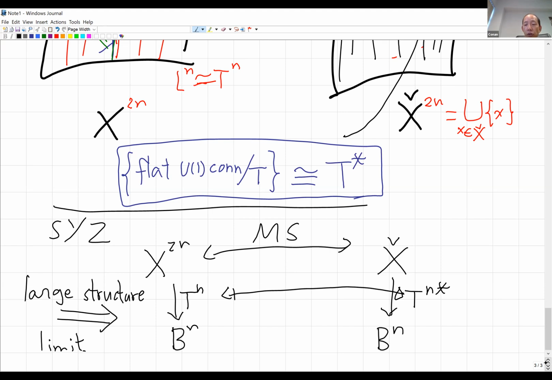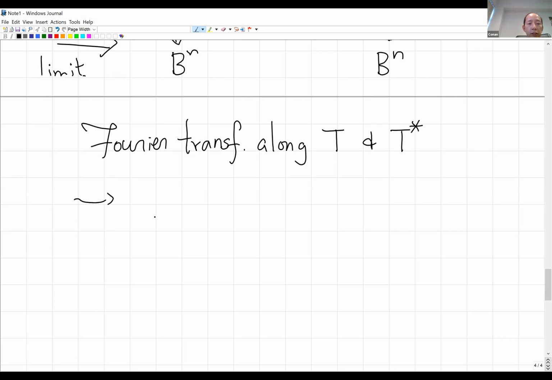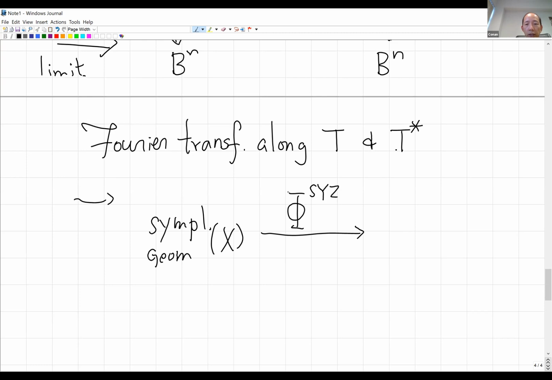The Fourier transform along all these torus fibers is expected to transform all the symplectic geometry on X, in what is called the SYZ transformation, to the complex geometry on the dual space.